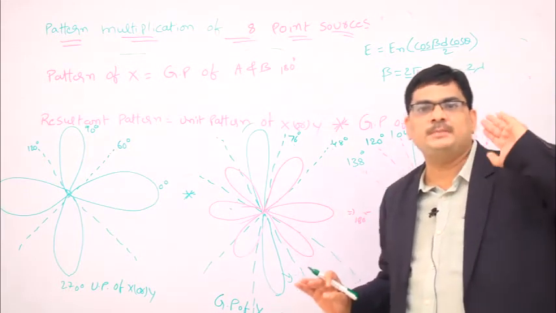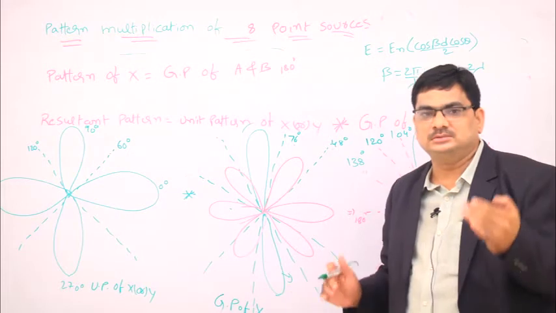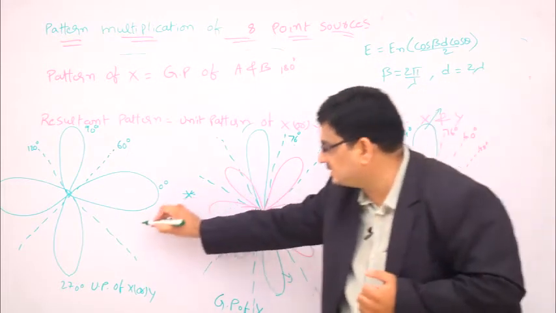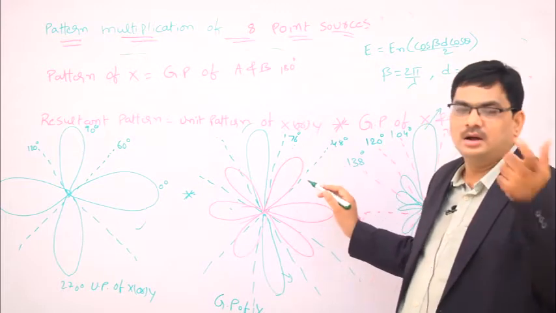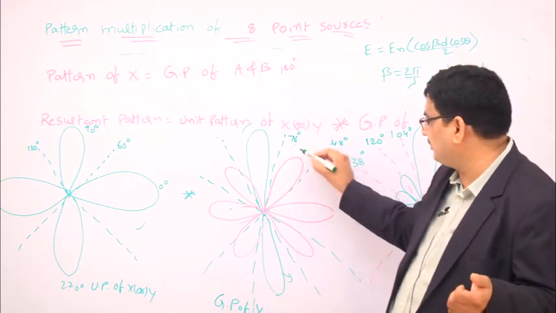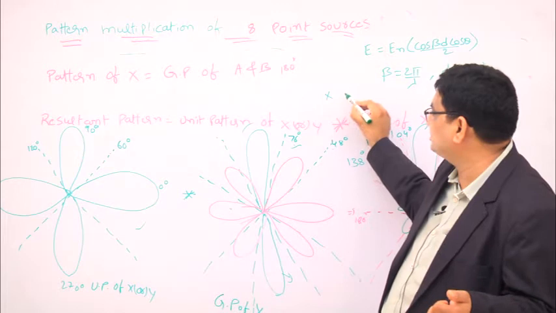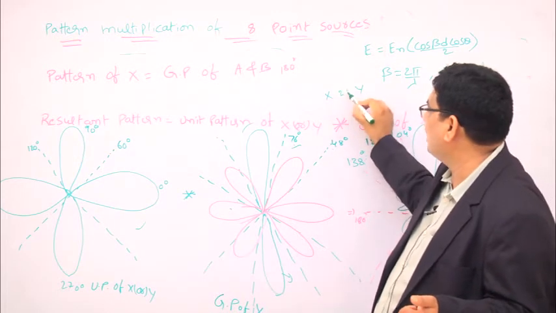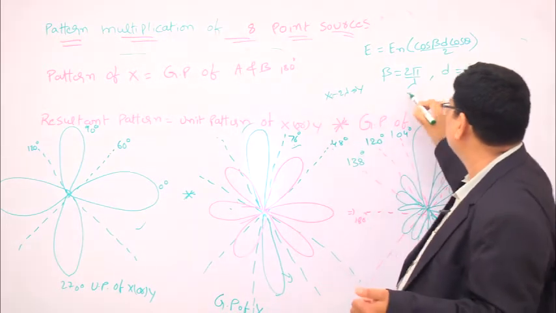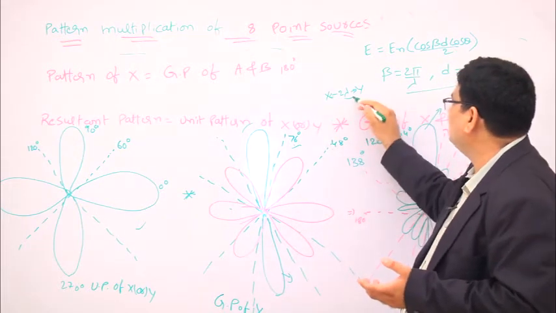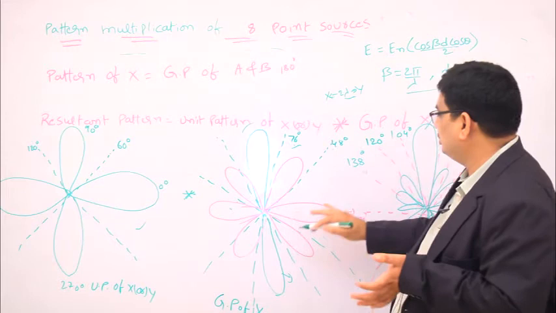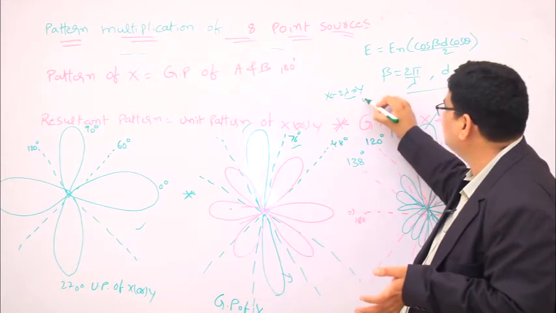If you know the pattern of the 4 element array, the reflection of that 4 element array is this one, and what we have to do is calculate the pattern of x and y, which is separated by a distance 2 lambda. This we should find out. For 16 elements also, the unit element is the 2 lambda element, and the group element is 4 lambda.